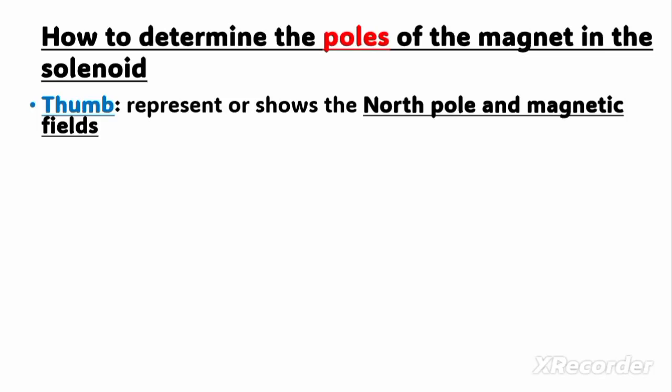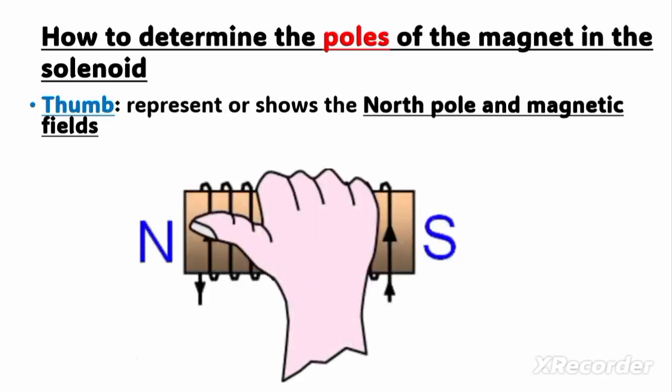So we have seen how we can determine the poles and the magnetic field of the bar within the solenoid. If you curl your fingers, where the thumb is pointing shows the direction of the magnetic field and the North Pole.